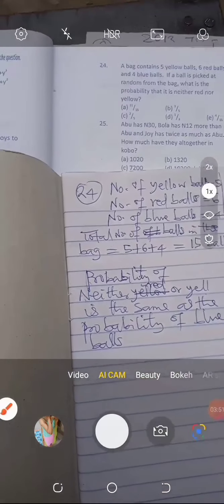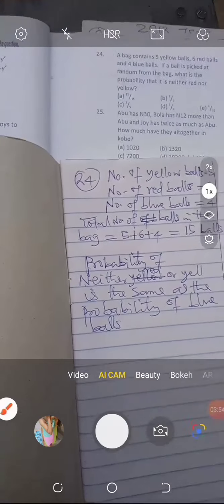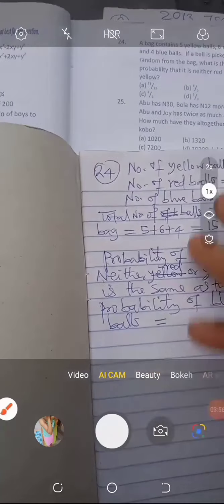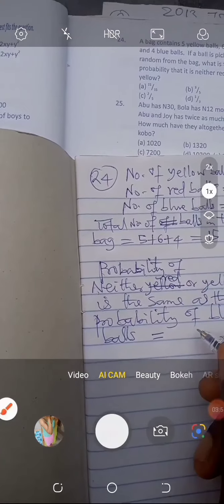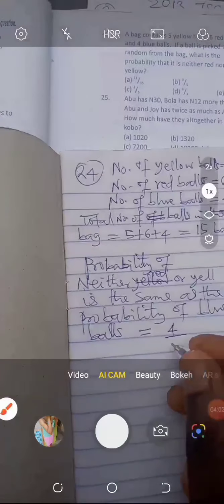Since it is not yellow and it's not red, then it's the probability of a blue ball. So, probability of a blue ball: we have 4 blue balls all over the total number of balls. The total number of balls is 15.